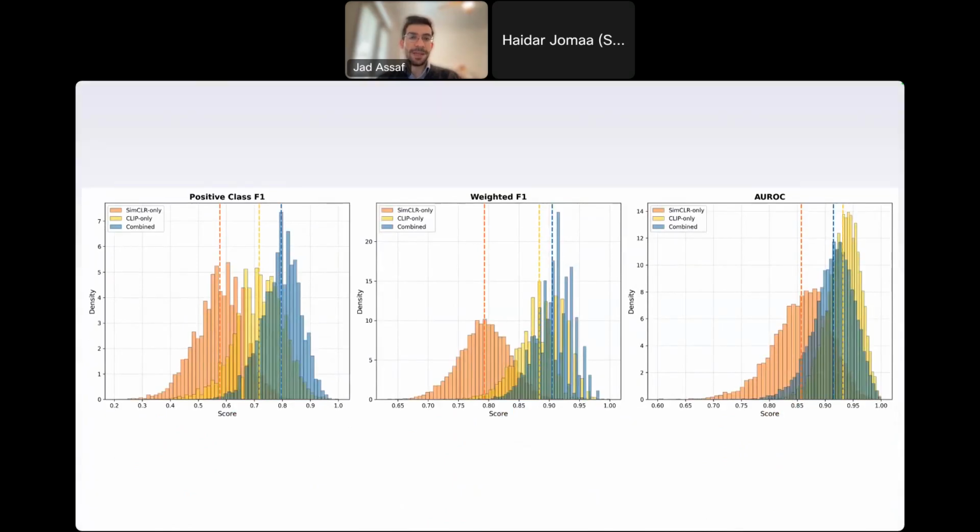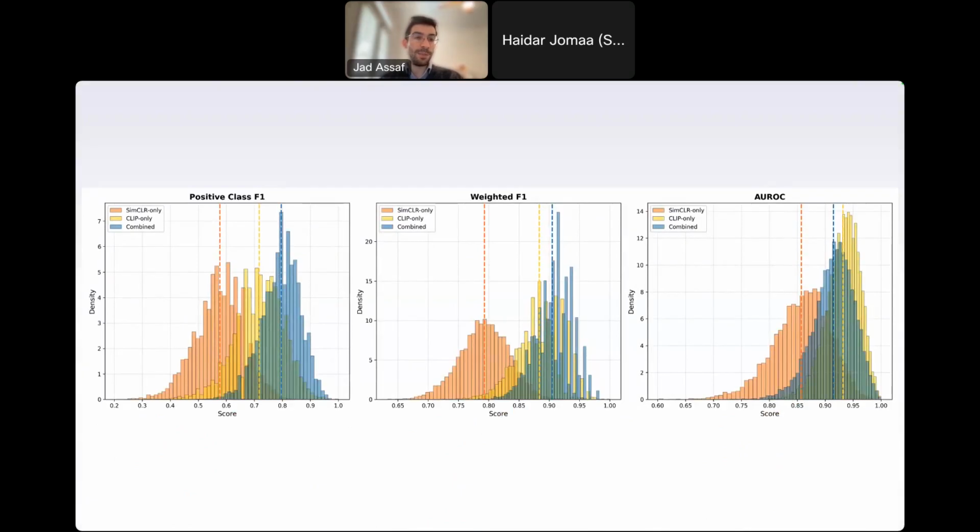These are three histograms that show the performance of a bootstrap on different metrics on our data set. On the left, we have the positive class F1, and then the weighted F1 in the middle, as well as the AUROC on the right.